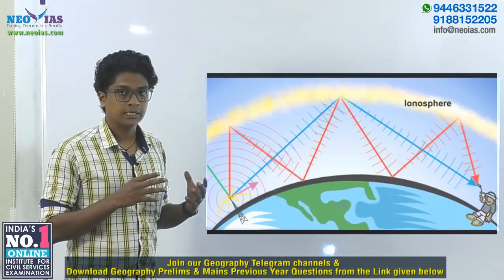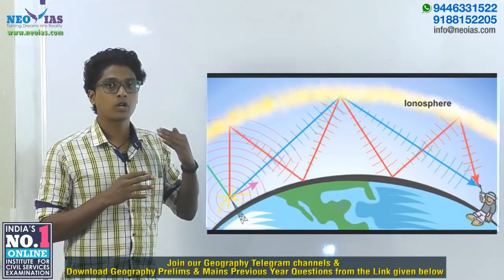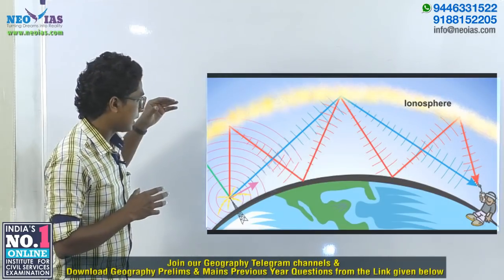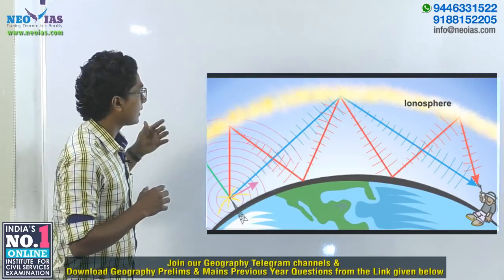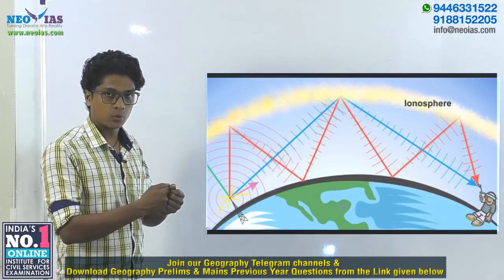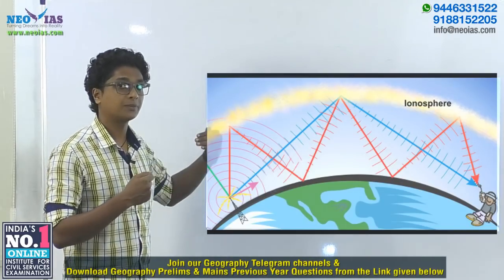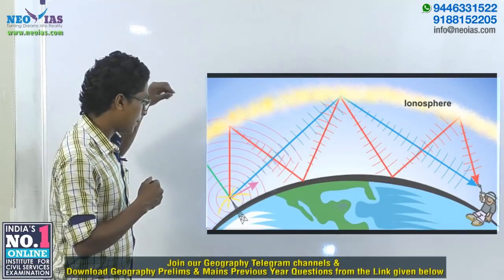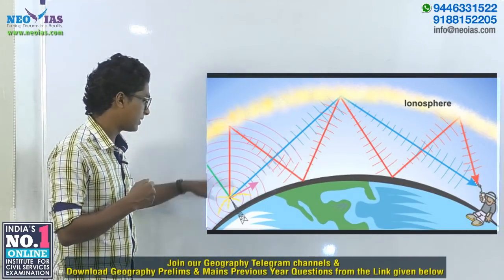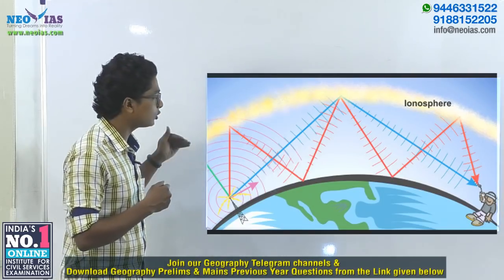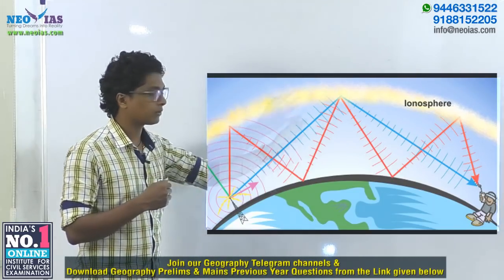Importance of the ionosphere is that it facilitates radio communication, right? Think about the age before the smartphones. If you're communicating by radio, we need to transmit the radio waves. If you're emitting radio signals from one of the weather stations or signal towers, it needs to be transmitted to the other part of the earth.